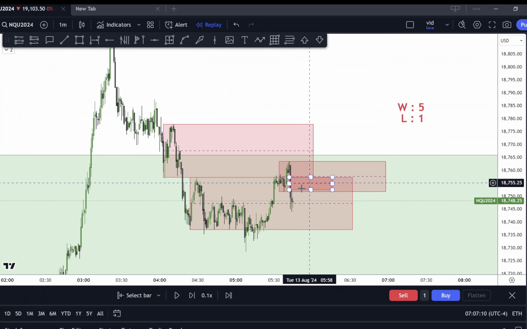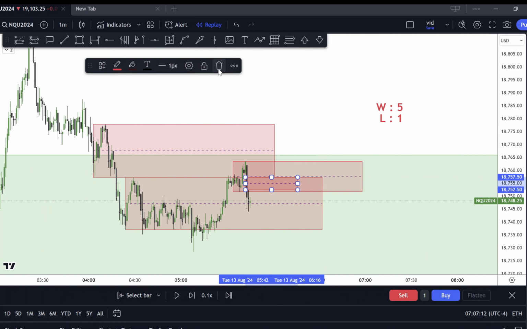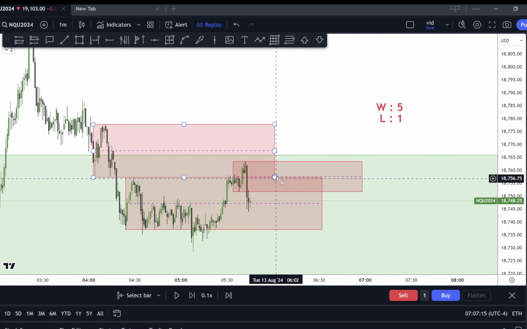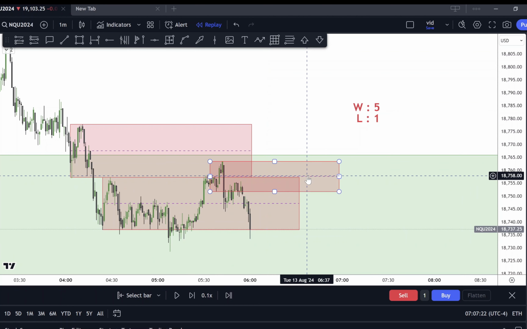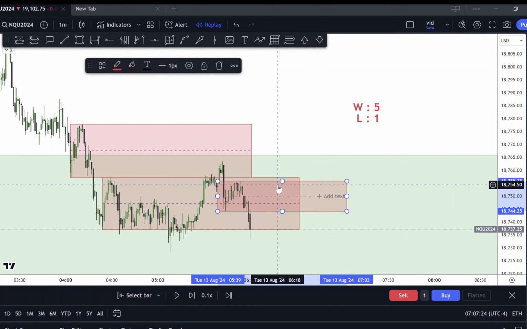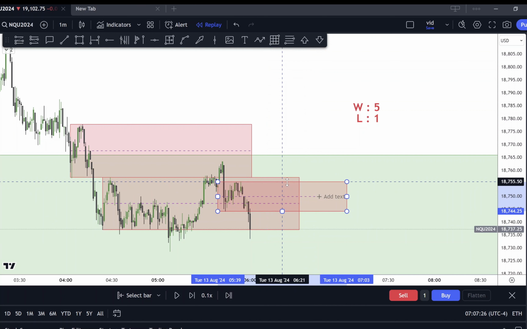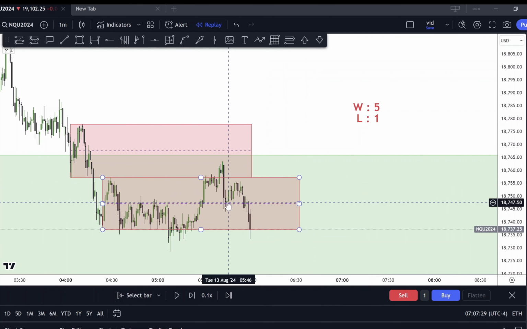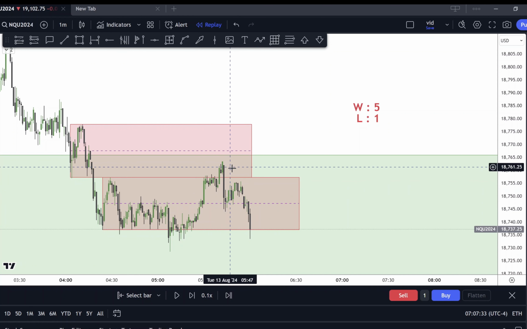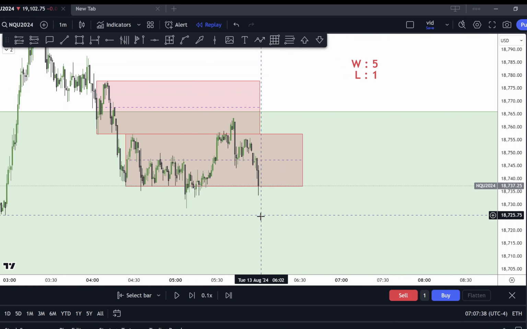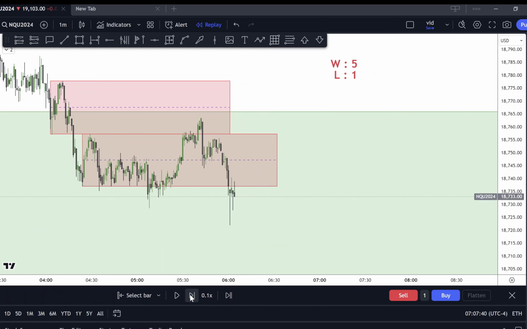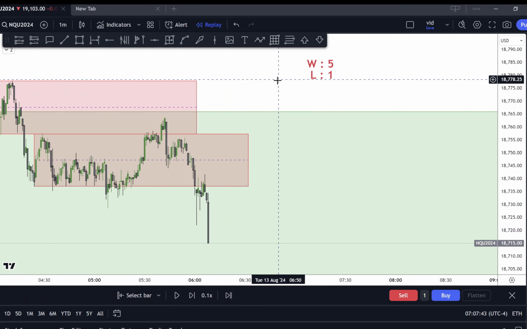But this is not what we are talking about here, right? If we get back to the 50%, we're in, okay? So no 50% tag, and we didn't create a valid pullback, because for this to be a valid pullback, we needed to close above this candle, okay? So we're just falling now.